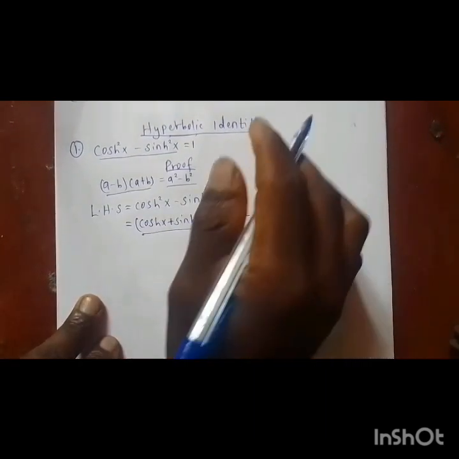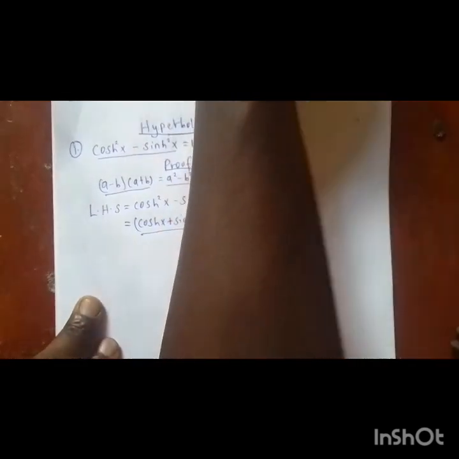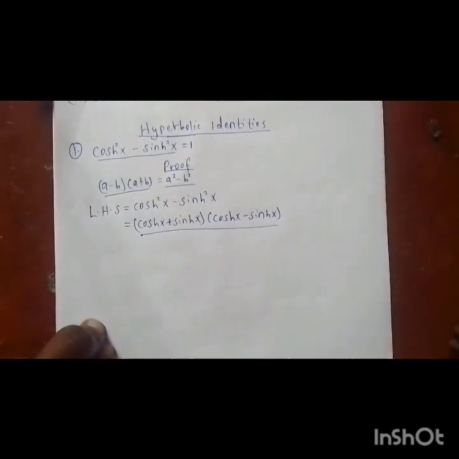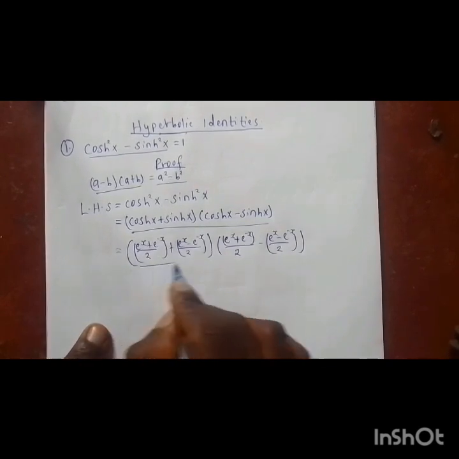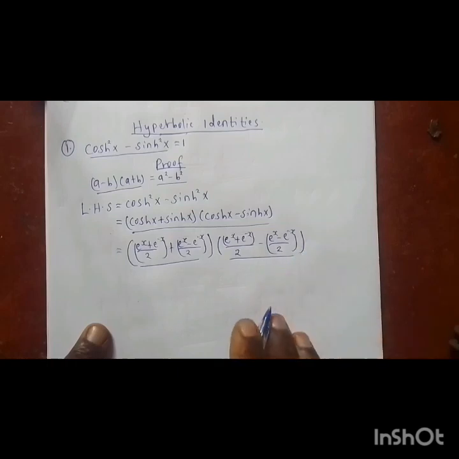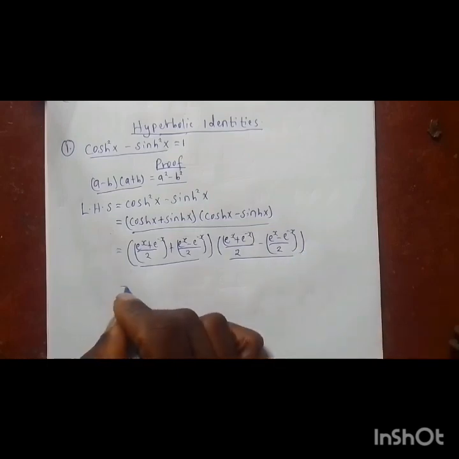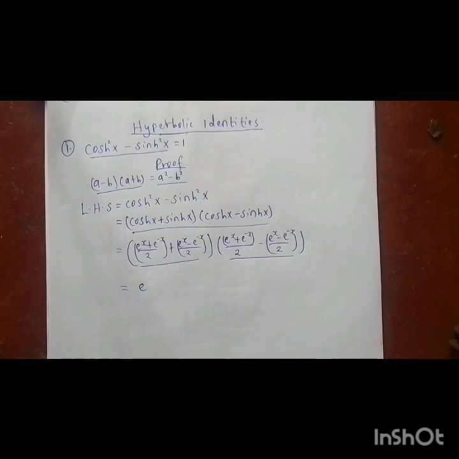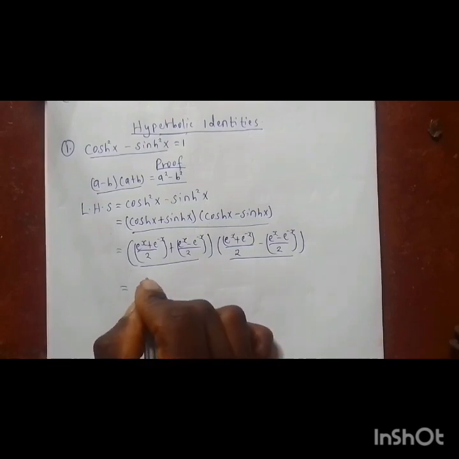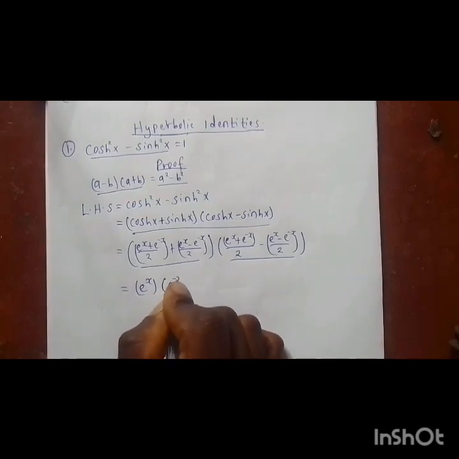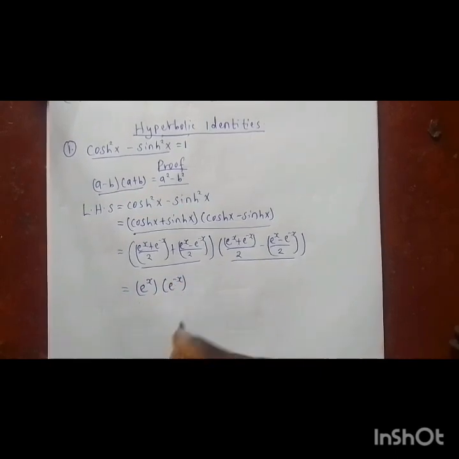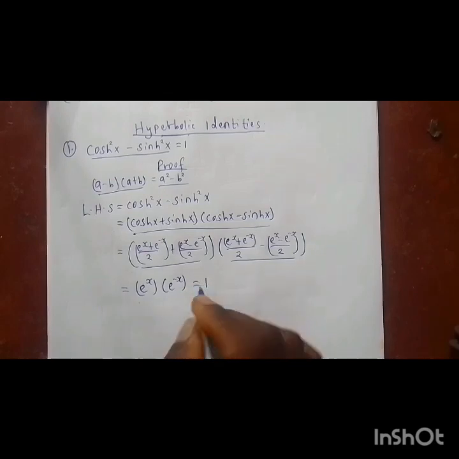So by expressing these functions in this form, we write as, so by opening these brackets and solving, we have, and so this one becomes 1.